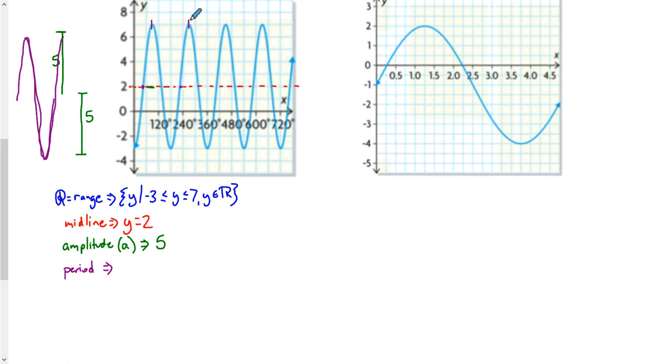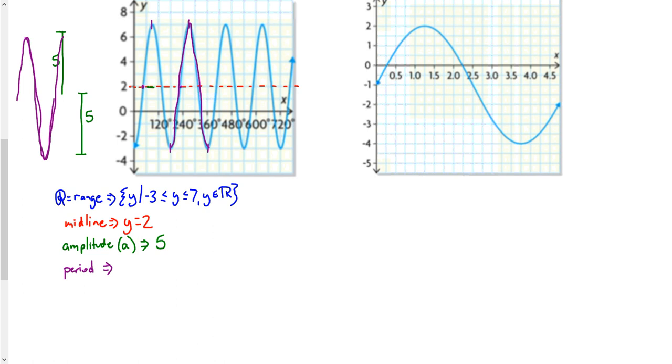So we can measure from the top to the top, or from the middle until it repeats itself back at the middle. Or what we can do is measure from the bottom to the bottom, which means starting at the bottom, going all the way up to the top, and back down to the bottom is our period, because after that, it repeats itself over and over and over again.